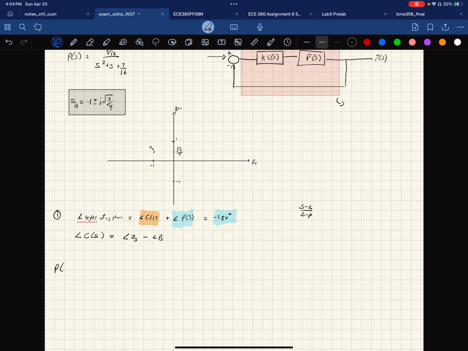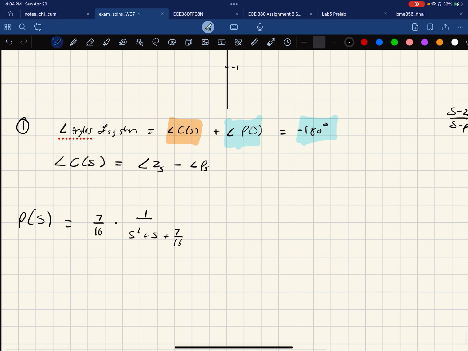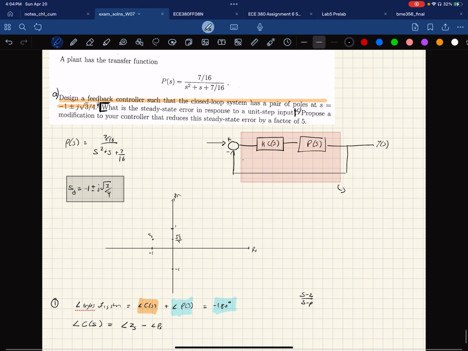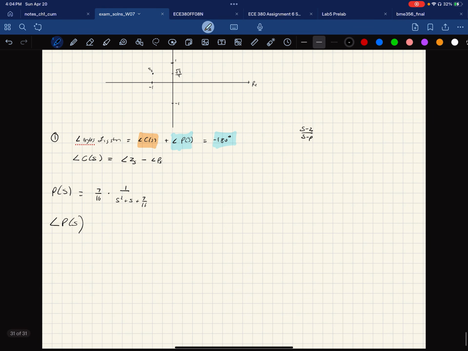I know that P of S is equal to 7 over 16, 1 over s squared plus s plus 7 over 16. And the angle that P of S contributes at this point, for the desired pair of poles, is going to be the angle of P of SD, when S equals SD.